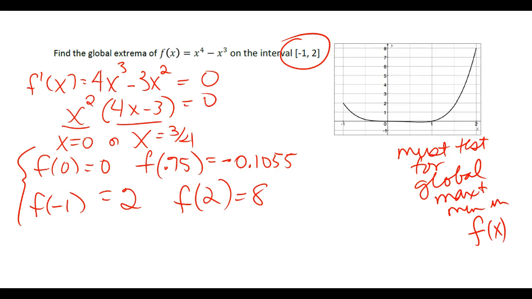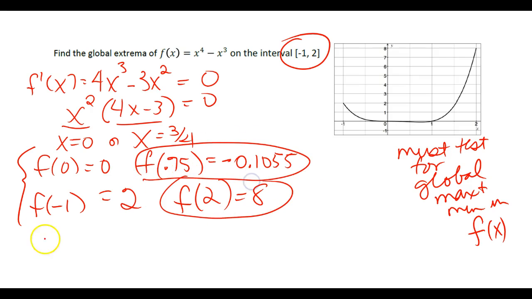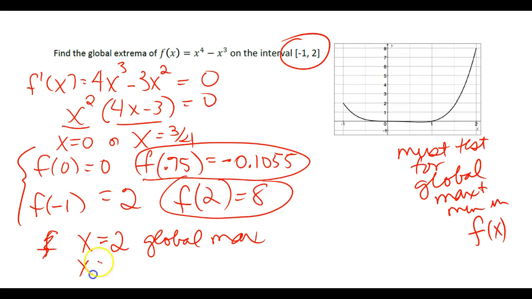The lowest number is this, and the highest number is this. So x equals 2 is my global max, because it's over the entire interval, and x equals 0.75 is my global minimum over the entire interval.